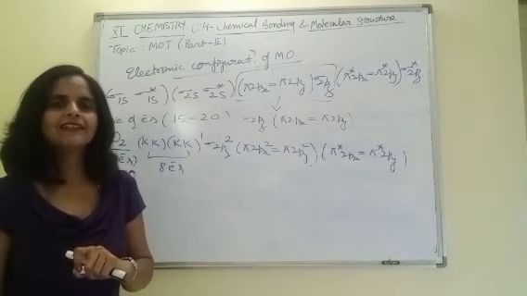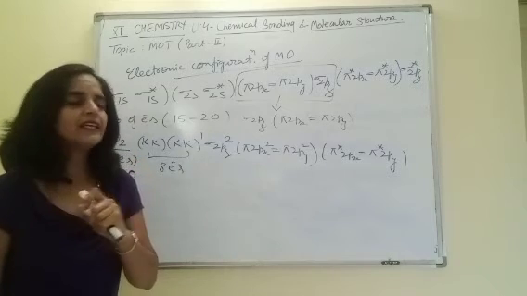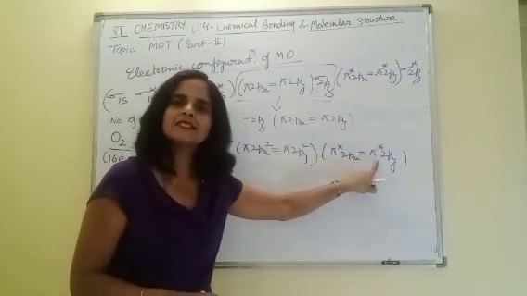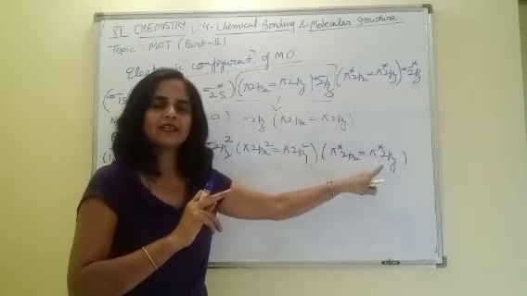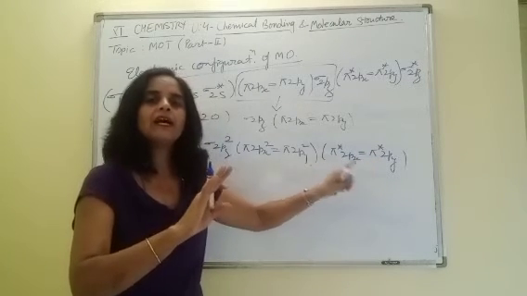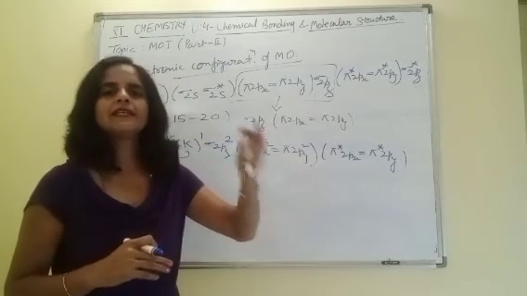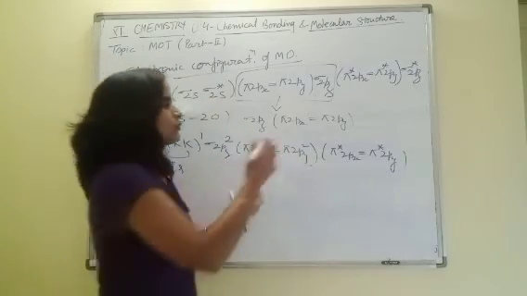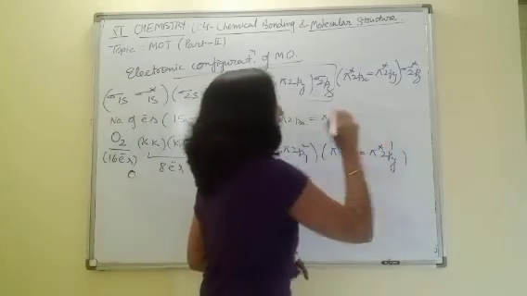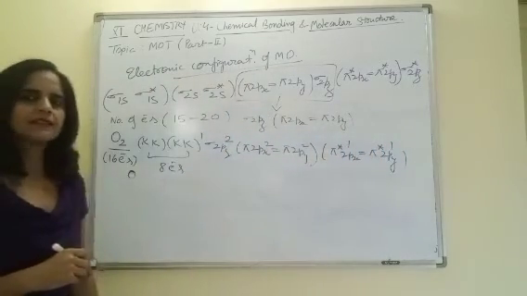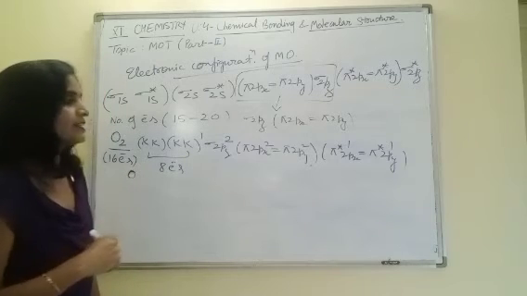This rule says in degenerate orbitals, the filling of electron takes place one by one. Means we cannot pair up until each one will get single electron. So first electron to pi star 2Px, second to pi star 2Py. Got it?